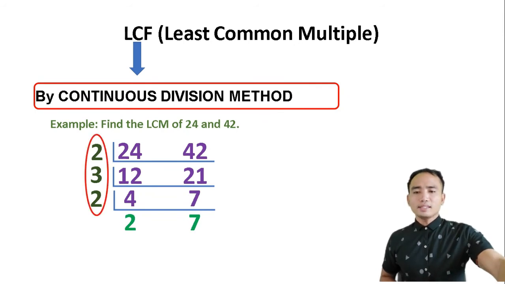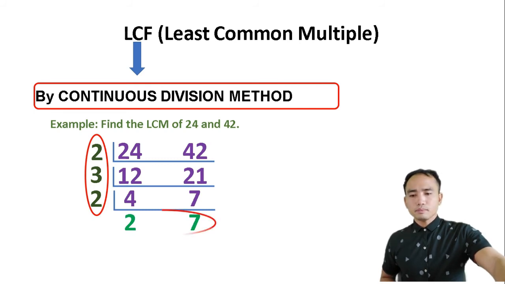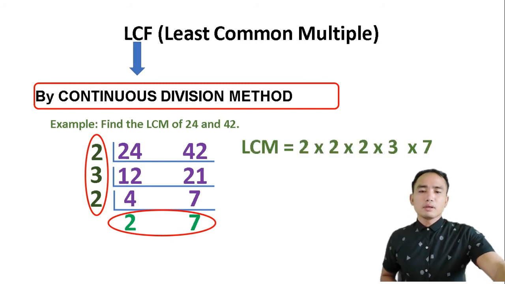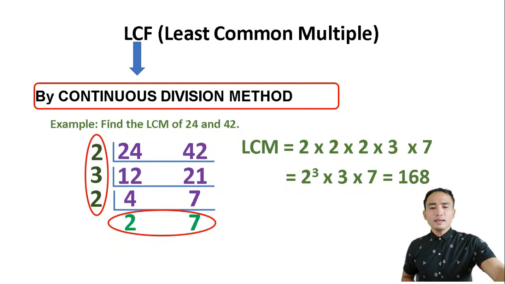To get the LCM of 24 and 42, we have to look for the numbers on the left side of our ladder and below. Therefore, the LCM is equal to 2 times 2 times 2 times 3 times 7, or 2 raised to 3 times 3 times 7, and that is equal to 168. 168 is our LCM for 24 and 42.